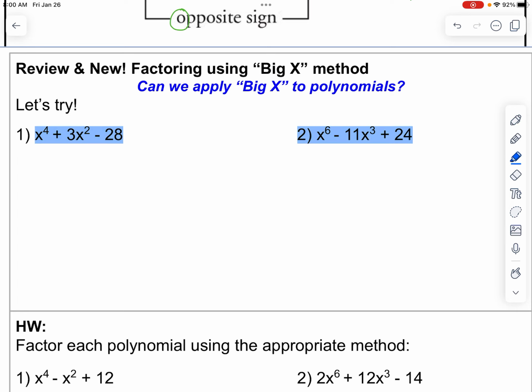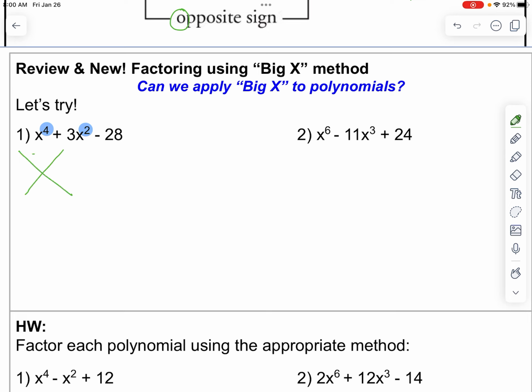The leading term, that leading term right here has to have an exponent that's even. That's rule number 1. And then rule number 2 is that the middle term's exponent must be half of the biggest exponent. So like 2 is half of 4. That's the only way that you can do a problem like this. If that is the case, then we can set up big X.